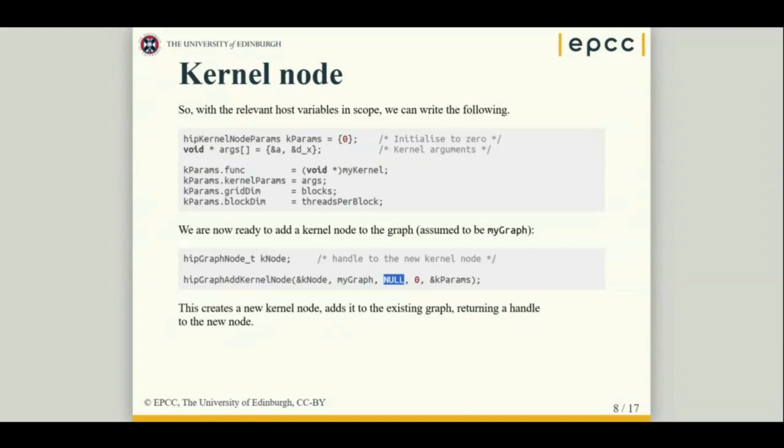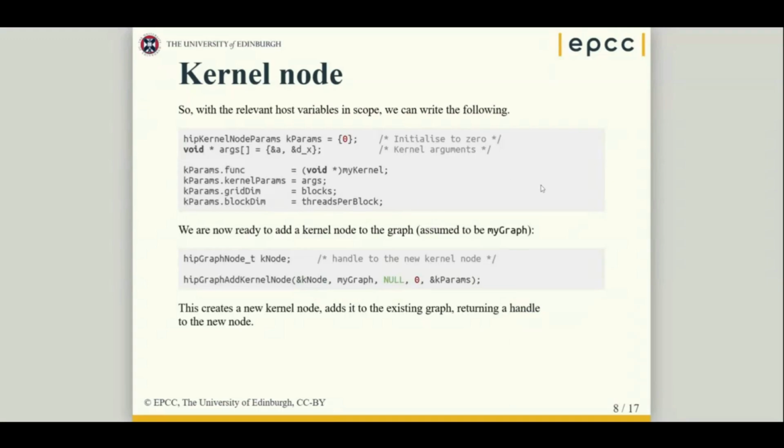I think null is because there are no, let's say, dependencies. This could be wrong because maybe for dx there is a memory copy that it will depend on. And the parameters that I have just defined on top of it. When I run this, I will get the handle of this kernel node in this variable.